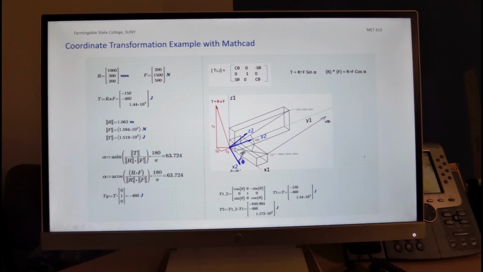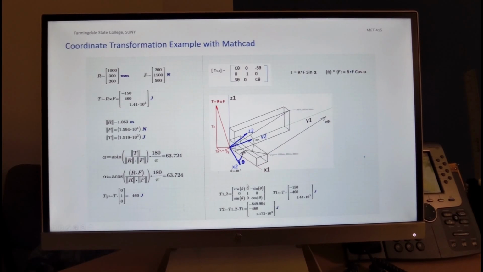Coordinate system 2 again is rotated in the positive direction about the y1 axis, and we also see that the z is rotated, but the y stays the same. y2 is exactly the same as y1; only x2 and z2 rotate with respect to x1 and z1.